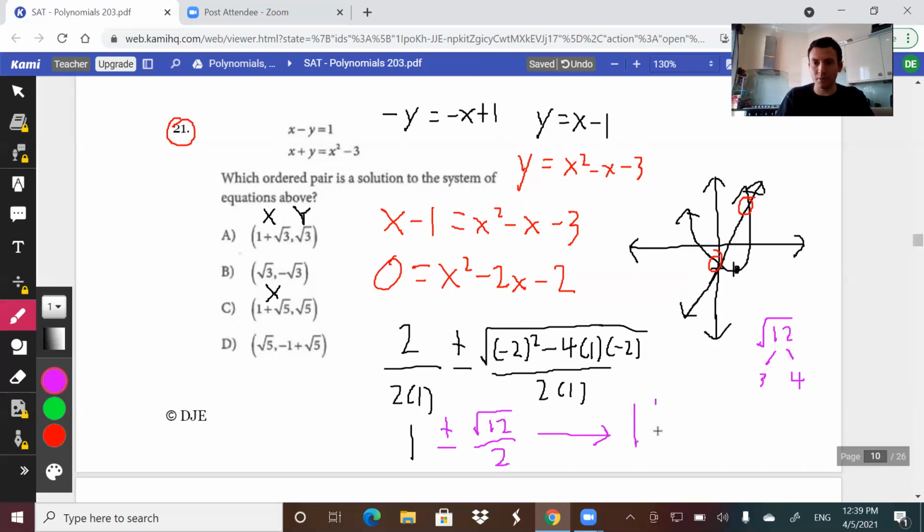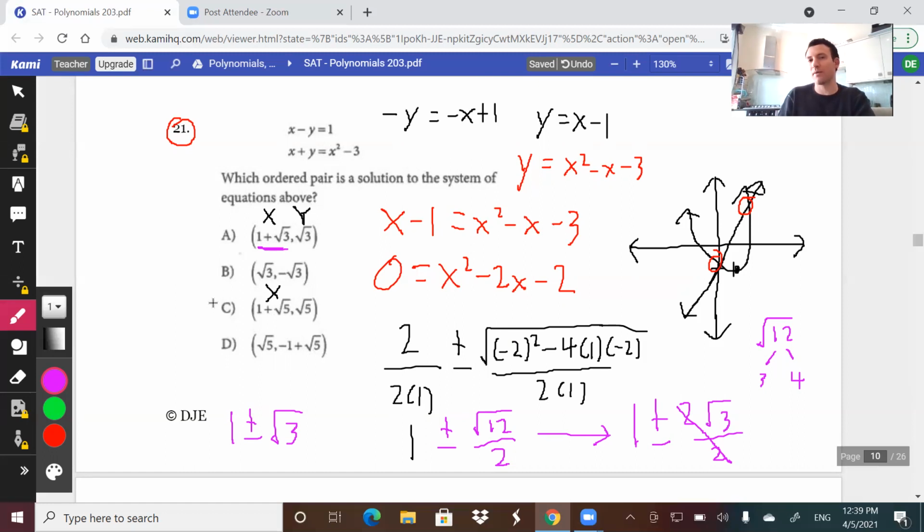So we have 1 plus or minus 2 root 3 over 2. That cancels out, so we have 1 plus or minus root 3. So that tells us that we're looking at a. That's our x. And if we were to plug this in for x, we would get root 3 for our y. So that's the way to do this with the quadratic formula.